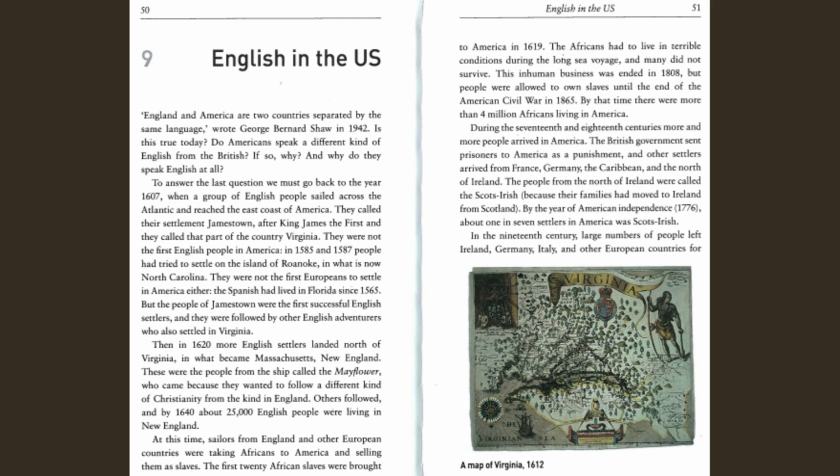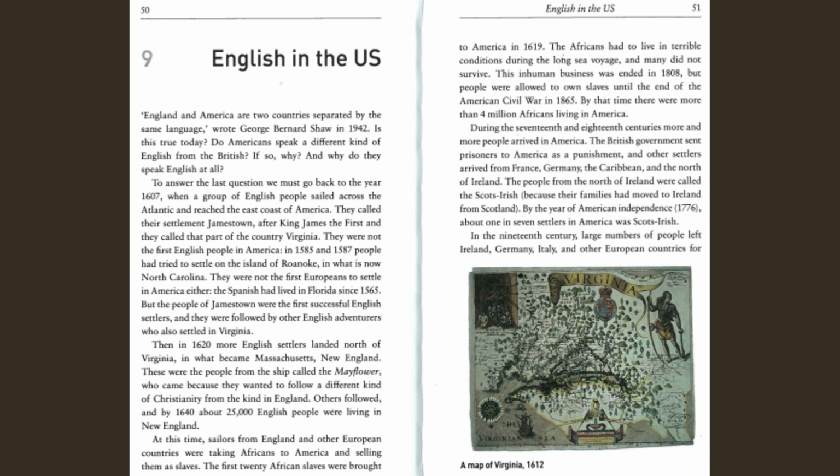They were not the first Europeans to settle in America either. The Spanish had lived in Florida since 1565. But the people of Jamestown were the first successful English settlers, and they were followed by other English adventurers who also settled in Virginia.